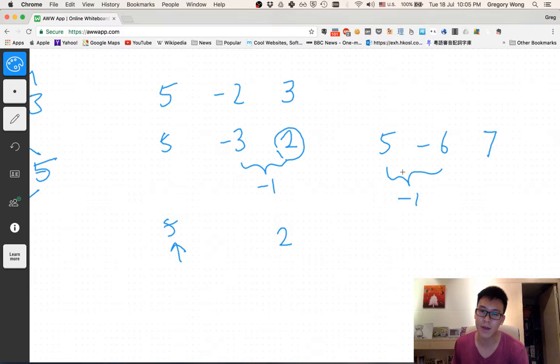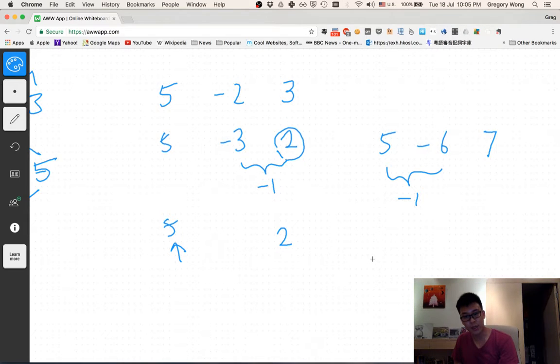Because it just means I'm adding -1 to my sum. So I guess I would look at each pair. So I would start from the left. I would look at each pair of numbers to see whether they're worth keeping.